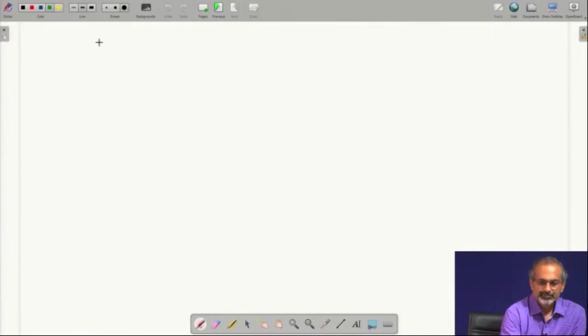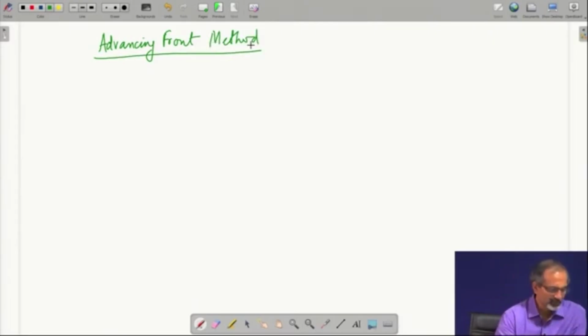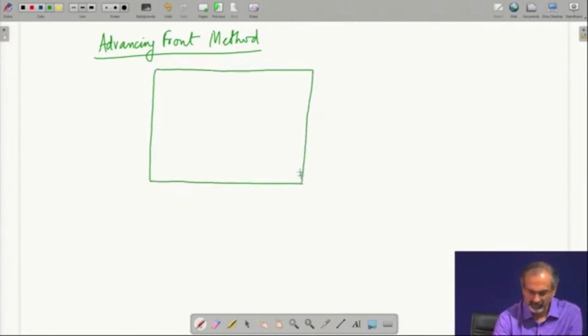Next thing to do, after domain nodalization, is to use one of the techniques for creating the cells. So, we are discussing this method, which is called the advancing front method. For that, I am not drawing the previous flow domain the way we discussed, but I am just taking a simpler domain here for convenience of our discussion.